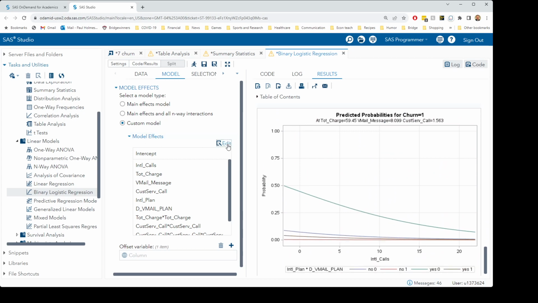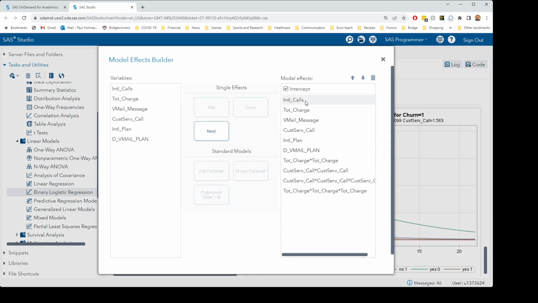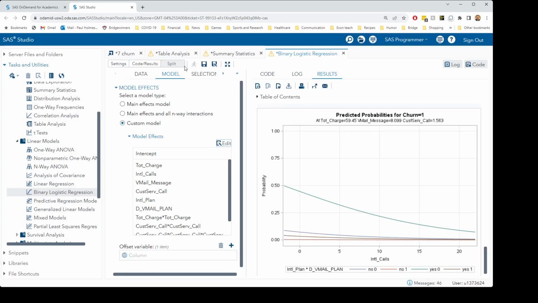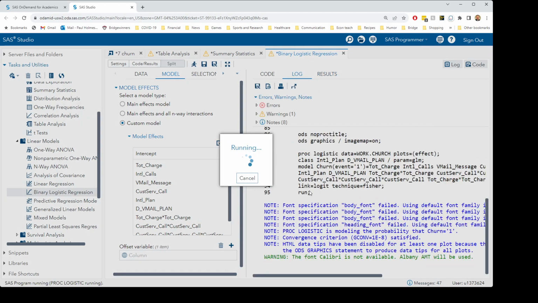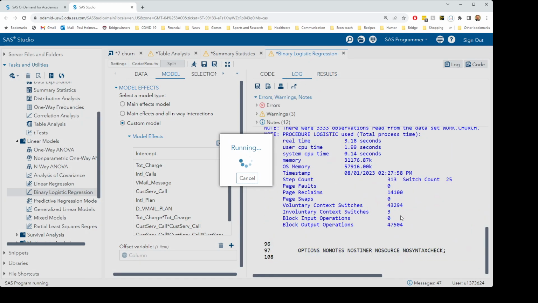Under these model effects, whatever's the top one on the list is going to give us the graph for that variable. So if we move total charge up to the top of the list here by just clicking this up arrow and press OK and rerun our model, it's going to give us exactly the same output except for changing that one graph.